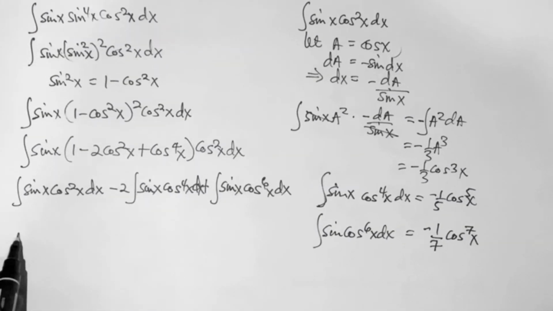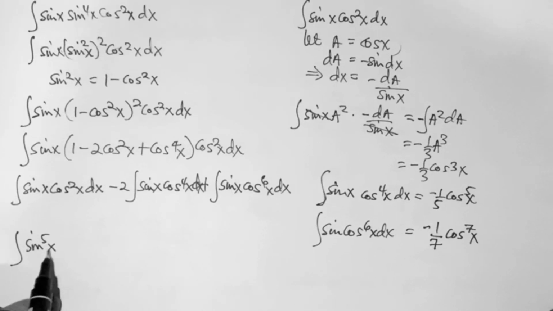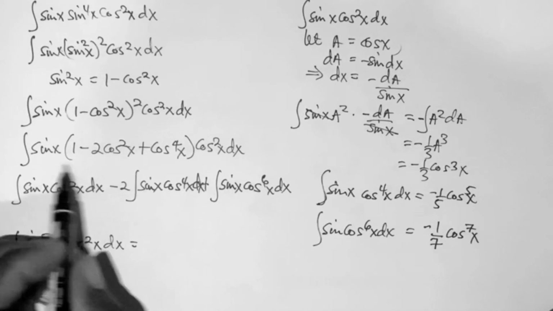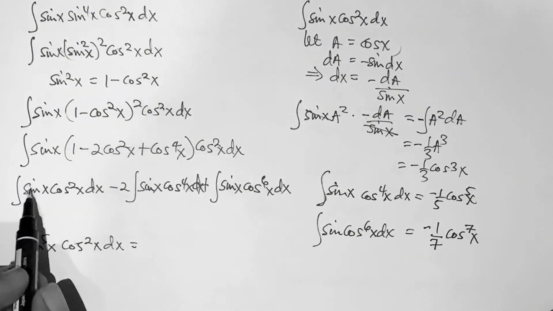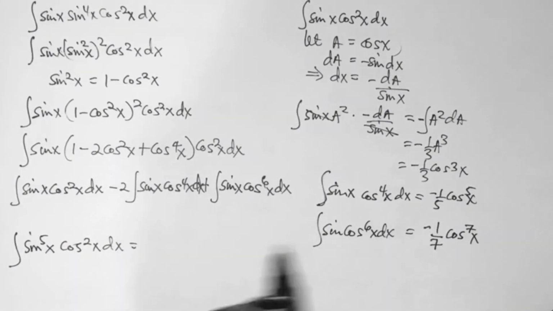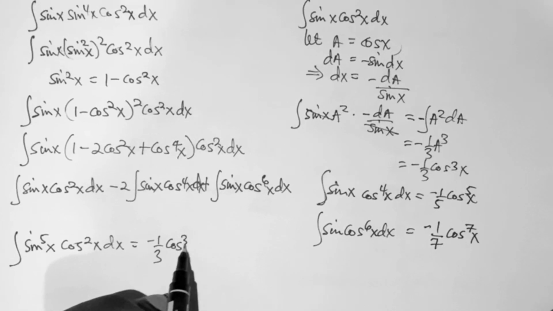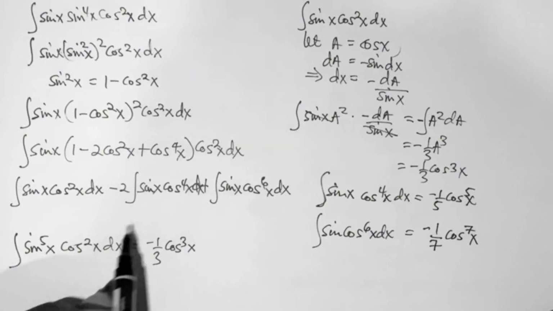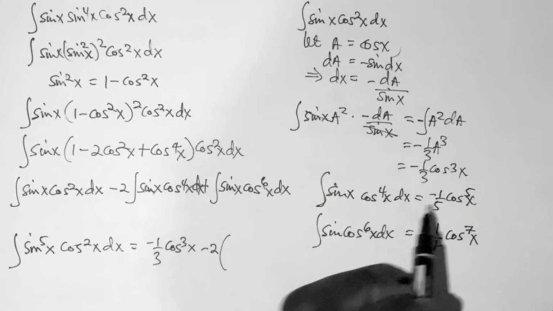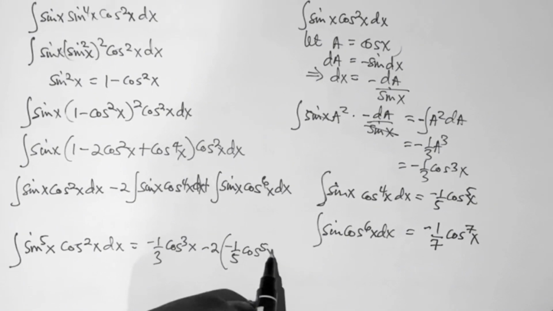So therefore it implies that integral of sin^5 x cos^2 x dx is equal to this, and this evaluates to minus 1 over 3 cos^3 x, and then minus 2 times this evaluates to minus 1 over 5 cos^5 x.